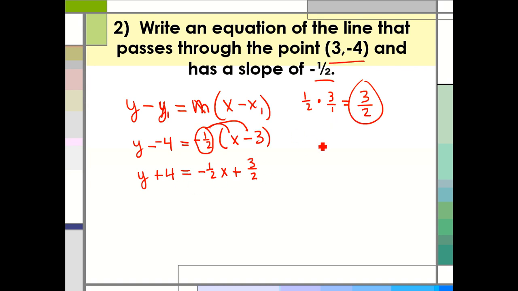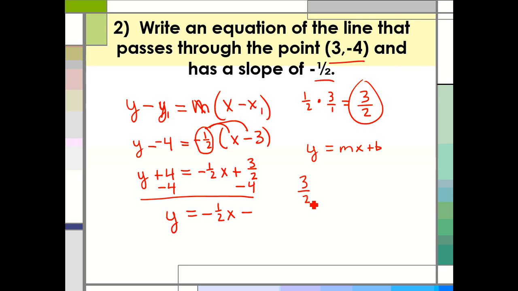And now we can clean this up because we want to get it in that slope-intercept form. So to get it in this slope-intercept form, I would subtract the 4 from both sides. And we get y equal to negative a half x minus 4 minus 3 over 2. If you're trying to do that in your head or work it out by hand, in order to subtract those, they'd have to have the same denominator. So 3 over 2 minus 4 over 1.